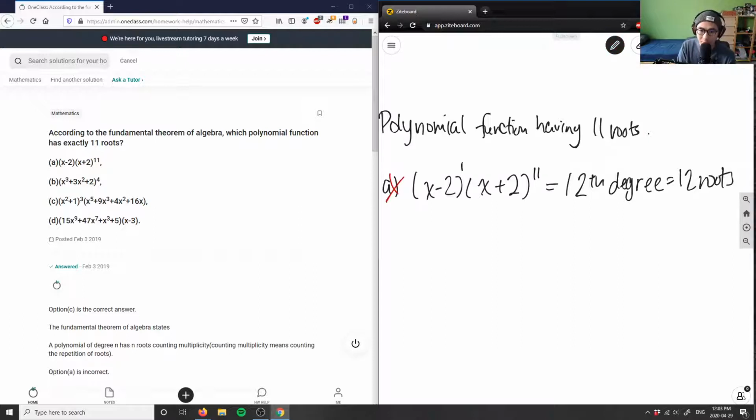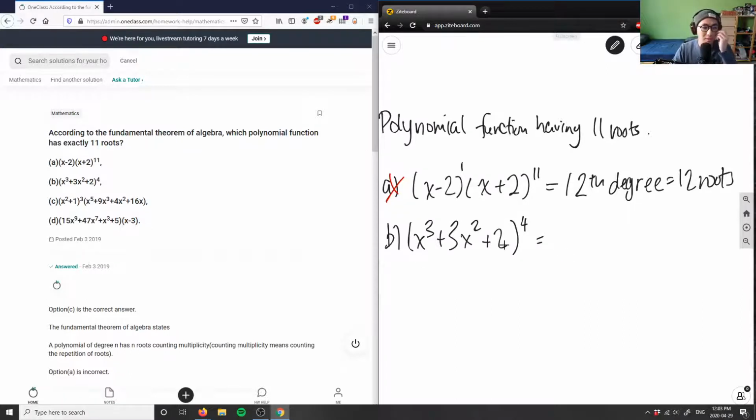We can look at B here. B states that we have (x cubed + 3x squared + 2) to the power of 4. Whenever we're taking anything to the power of 4, we have an exponent within an exponent, so we multiply our exponents.